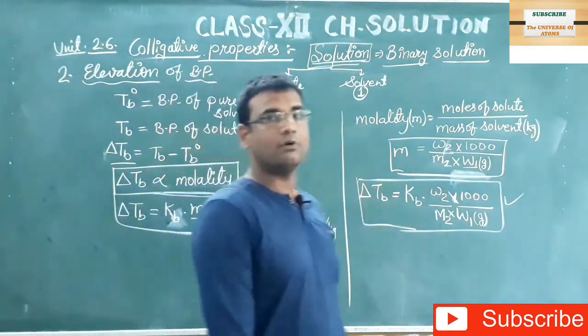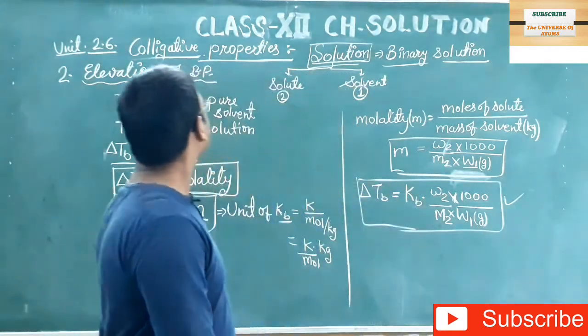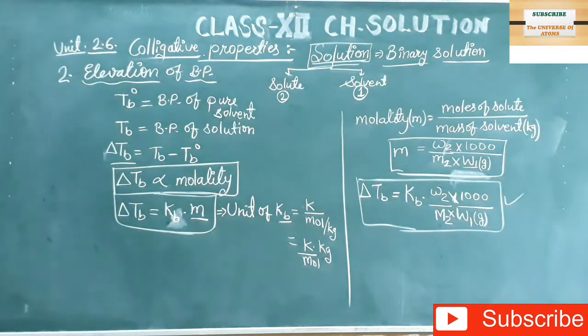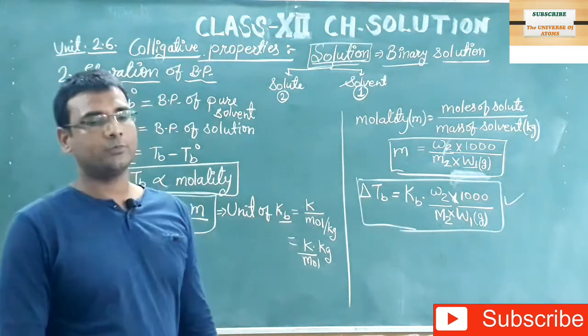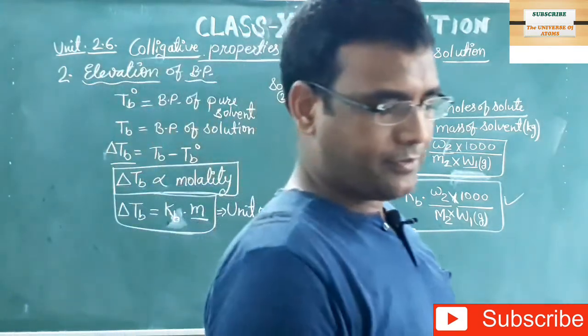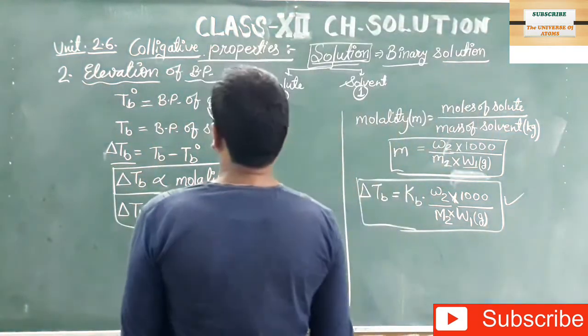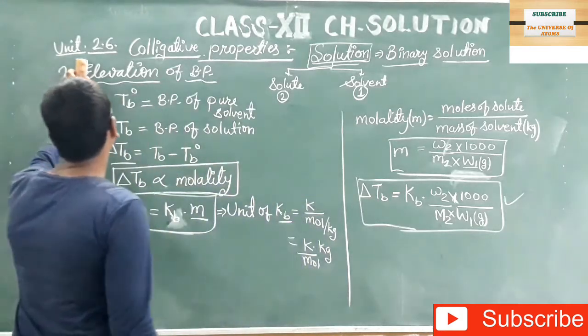Okay, so this is the second colligative property, that is elevation of boiling point. The numericals based on this we will be taking in the next part.